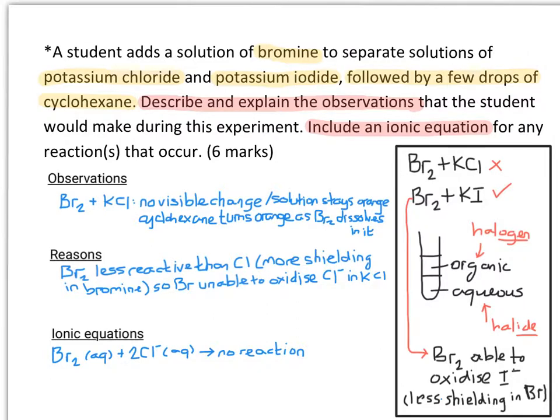So now what we can do is look at bromine reacting with potassium iodide, or at least bromine being mixed with potassium iodide. So with your bromine and potassium iodide, there's two changes you'll see. First, the cyclohexane layer goes purple, and the aqueous layer goes brown.